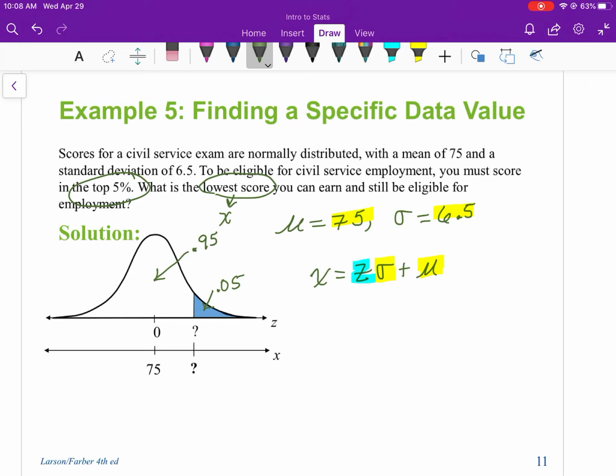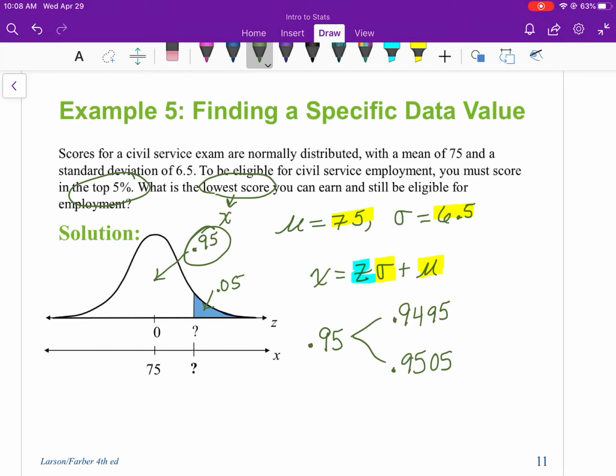So I'm going to go to my table and I'm going to look up 0.95 in my table. Remember, 0.95 is an area, so I'm going to look up the area in the body of my table for my Z-score. 0.95, if you look in your table, it's another one of those where it's right in between two of them exactly.